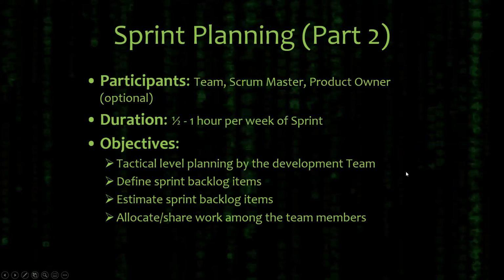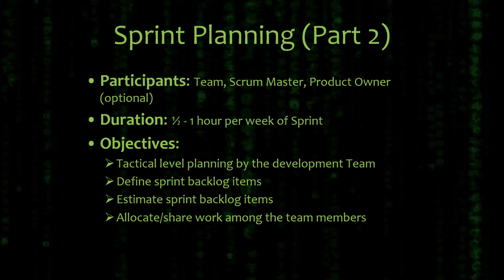The second part of the planning is for the team and the Scrum Master, the technical-level plan by the development team, right? You will use the product backlog and come up with what is called a sprint backlog, the individual tasks to be done, right?